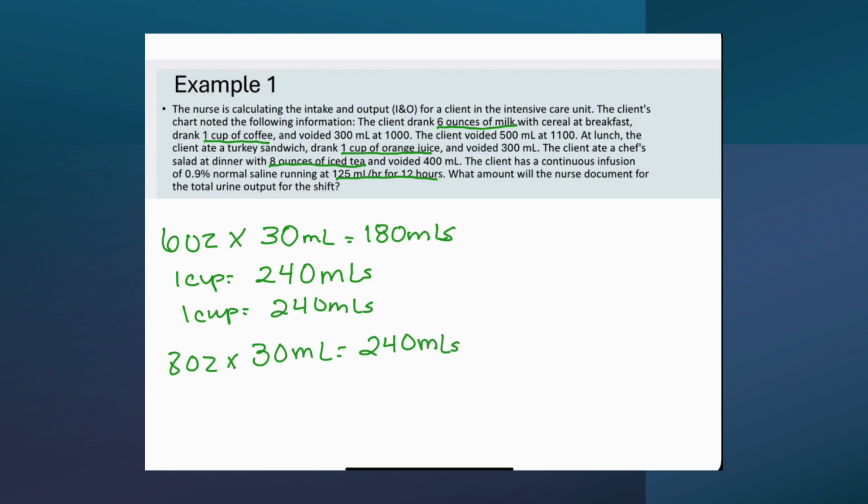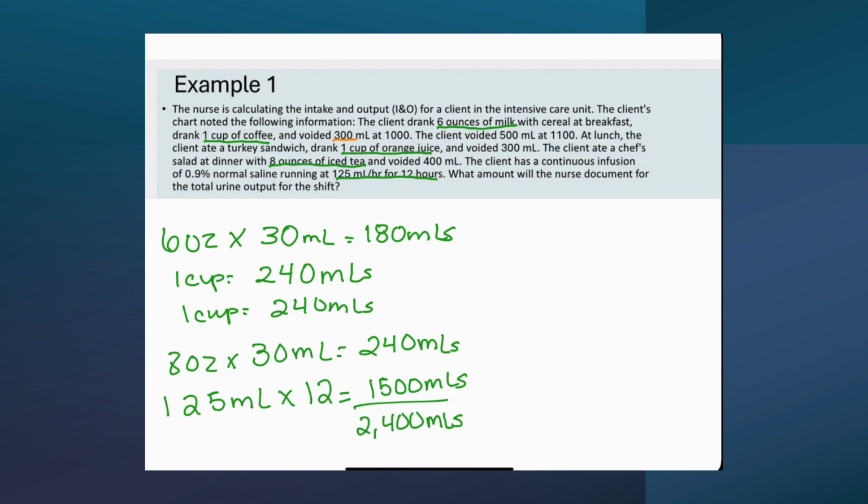And then last, the patient is getting 125 mLs per hour for 12 hours, so we multiply 125 mLs by 12 hours and get 1,500 mLs. All we have to do now is add all these up together, and we should get 2,400 mLs.